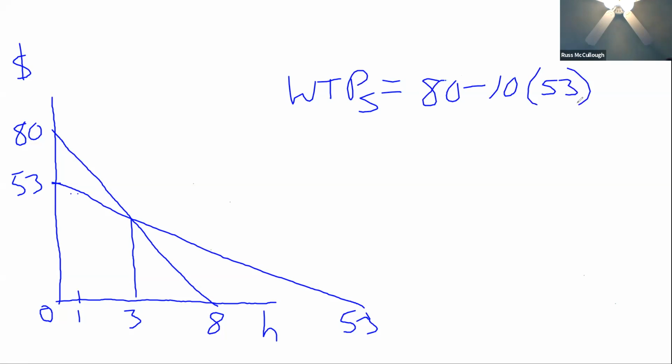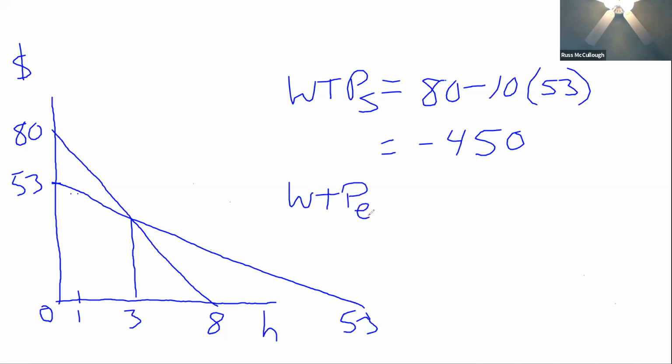See how I'm laying out these functions. 80 minus 530 gives us the answer JC got, minus 450. In other words, if you're a stair person, you'd have to be paid to use the stairs, which makes sense. You'd have to pay me $450 maybe to be going up to the 53rd floor all the time. So you're not going to be up there.